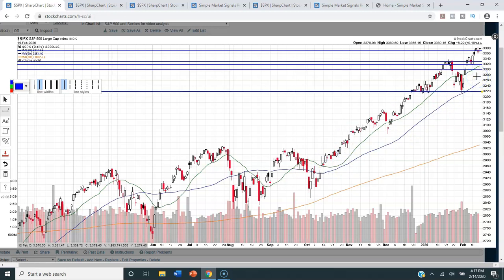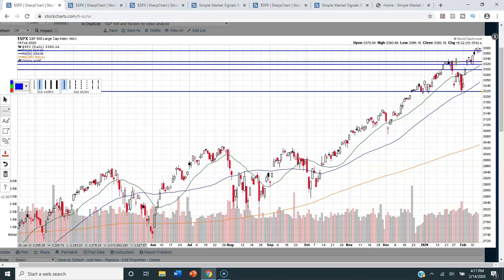This has been an absolutely incredible run, and we pulled back below the 20-day moving average, again the green line, a couple of times, just for basically 1 day here, and then a few days here. We closed between the 20-day and the 50-day moving average, but this run since the middle of October has been unbelievable, and we're up over 16.5% since the beginning of October. So it's been an absolutely incredible run.